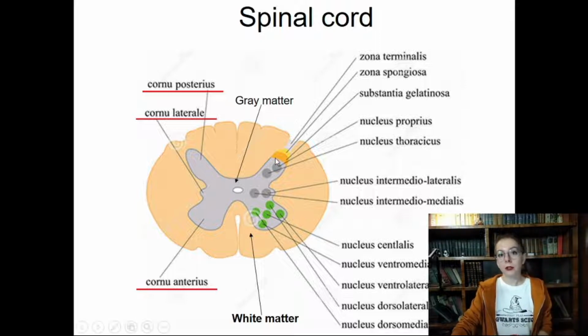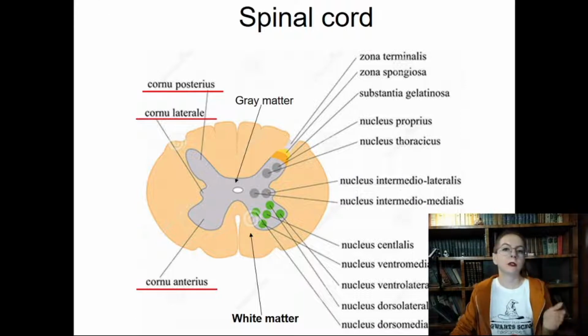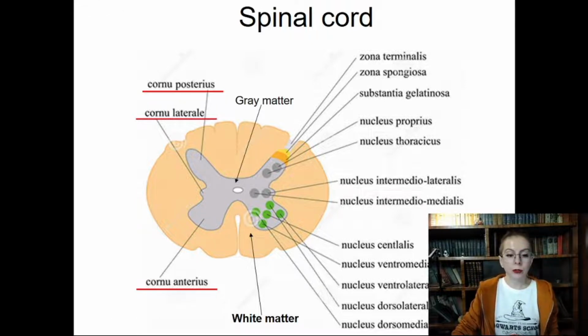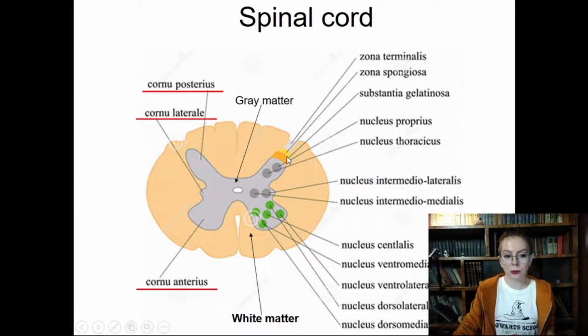So bodies form nuclei, and which nuclei could be found inside the spinal cord? In the dorsal horns, there are two nuclei, proper and thoracic, nucleus proprius, nucleus thoracicus, and as well two substances, gelatinous substance and spongy zone. Those structures can be distinguished in the posterior horn.